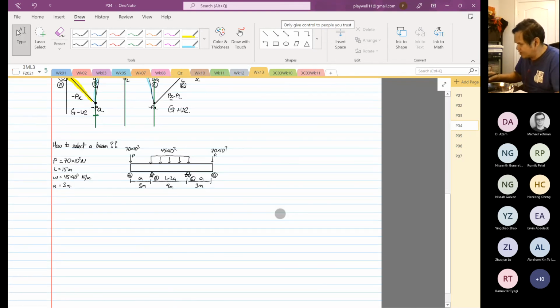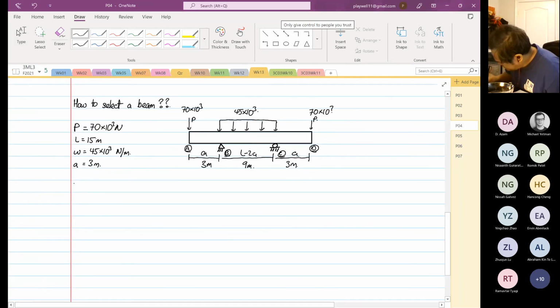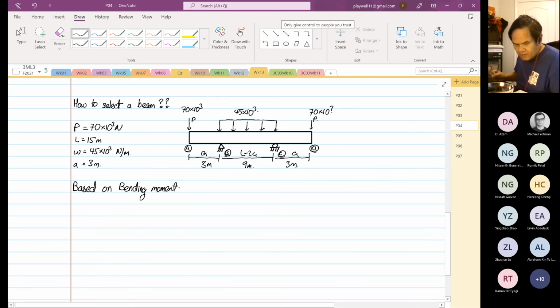Based on bending moment, we can have this expression.